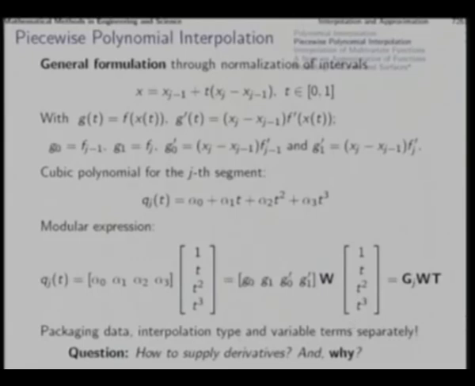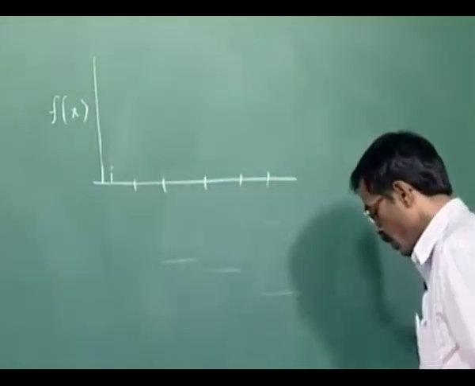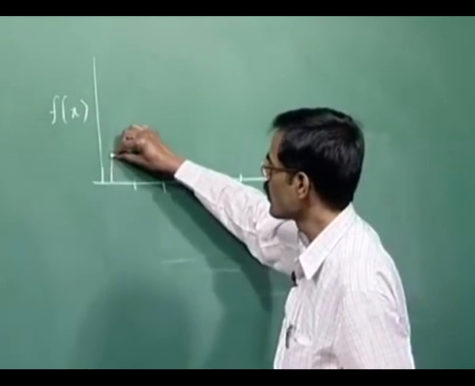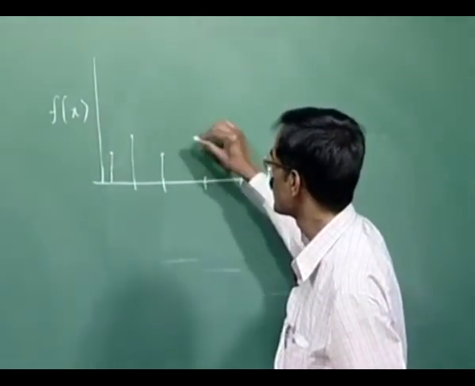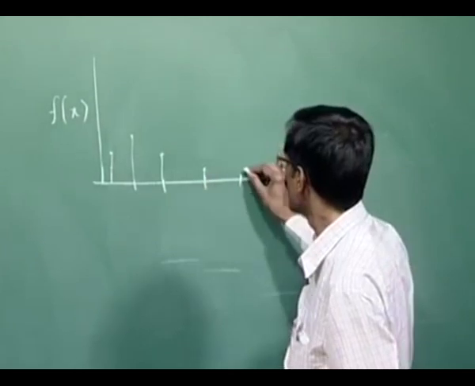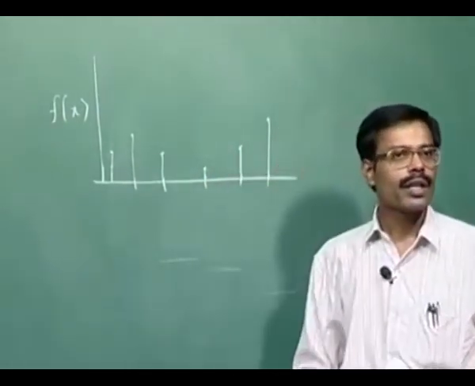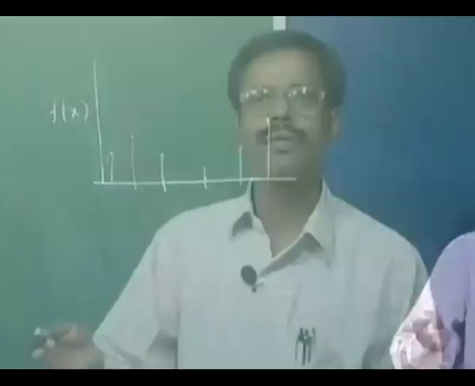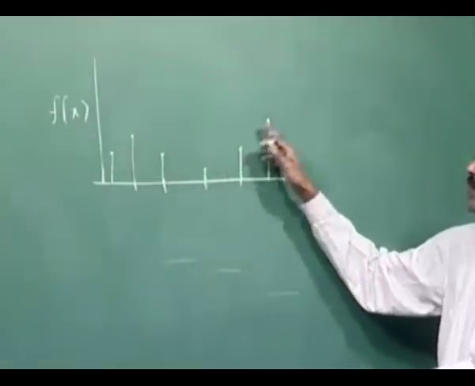Now the question arises: there are many situations where we have got the function values at several points through which we want a smooth, or say continuous, differentiable function passing through all these points.